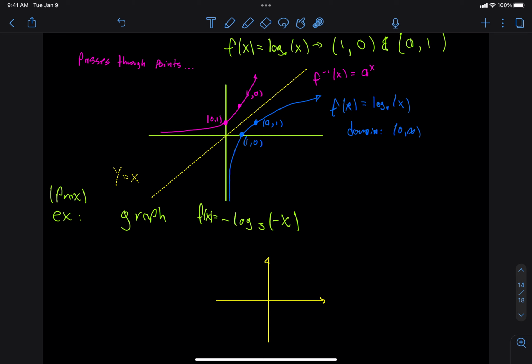So is this the original? This would be like the original. Same thing as when you multiply a negative number by a negative number and get a positive. Okay, and then the reflection. Yeah, exactly.